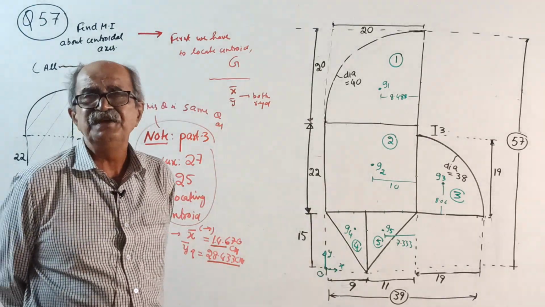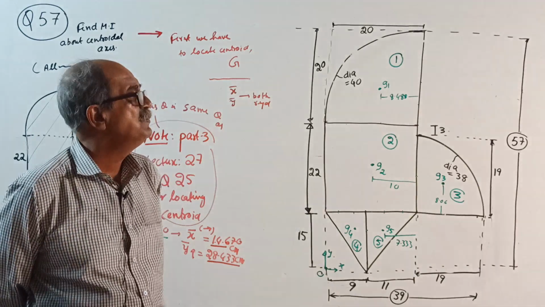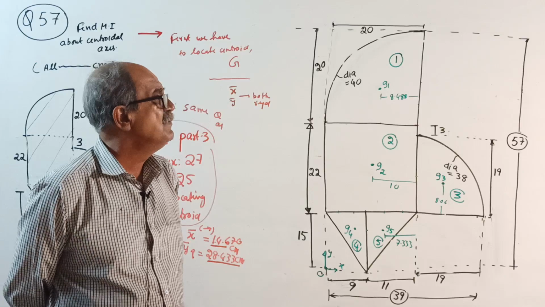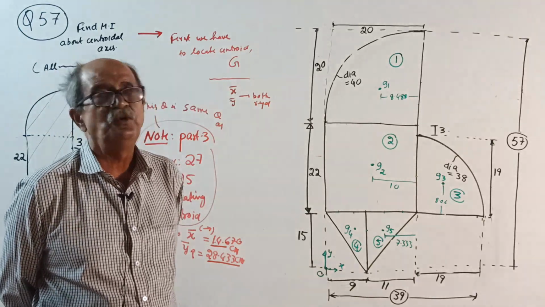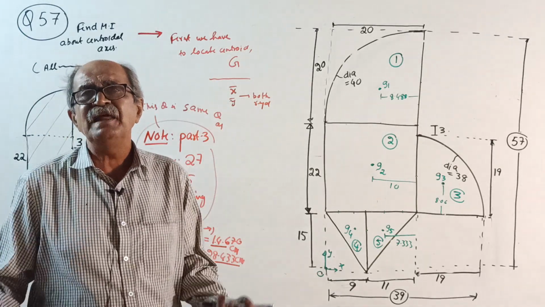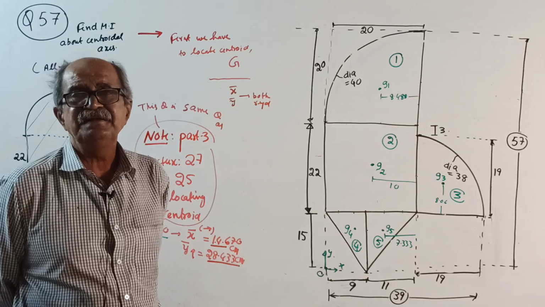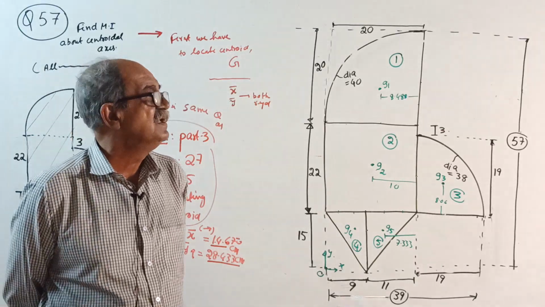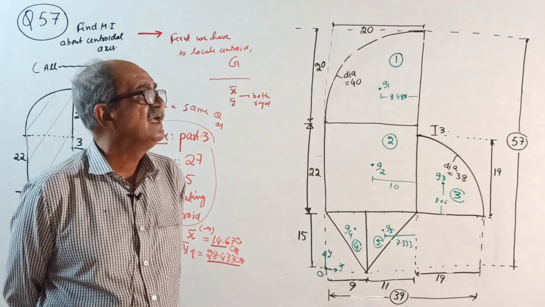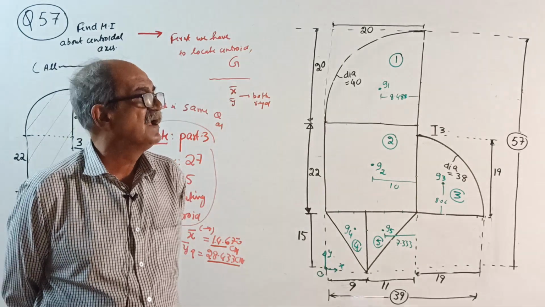It is not once in a while random class. Others will tell everything. Suddenly they will upload a class for SFD, BMD for simple beam with UDL. Then next they will upload a cylinder problem. Then suddenly bending stress question. Then they will tell their M by I, sigma by Y, etc.